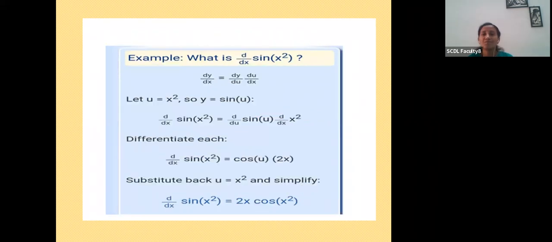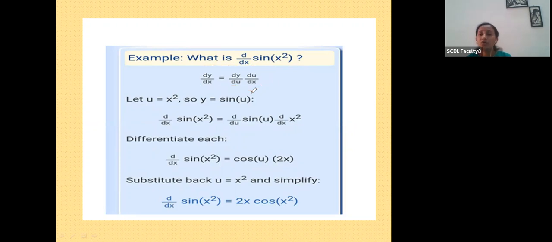Okay. Now next, what is d by dx sine x square? So same here again, d by dx sine x square. Here also two terms are mentioned. One is the sine and the second one is the x square. And we have to find the derivatives. Now in this derivative, we will go with dy by dx is equal to dy upon du times du upon dx.